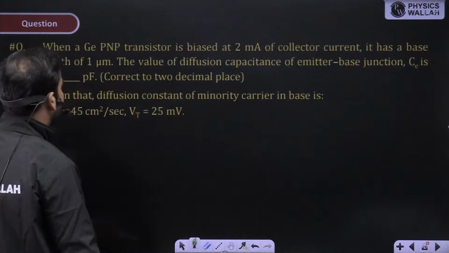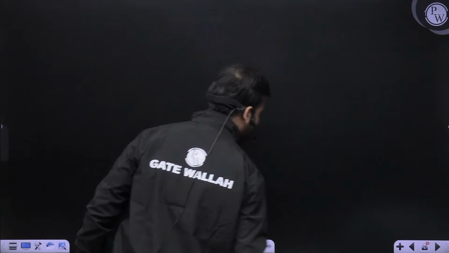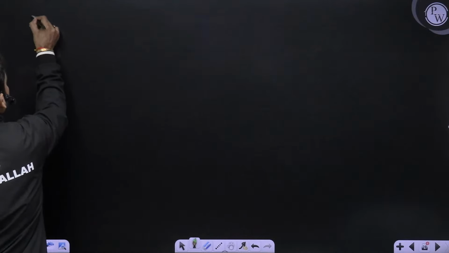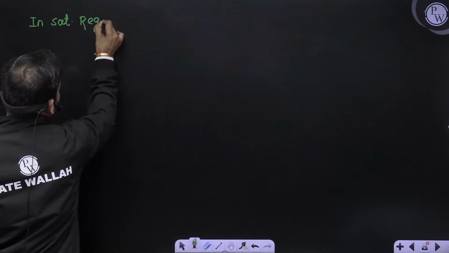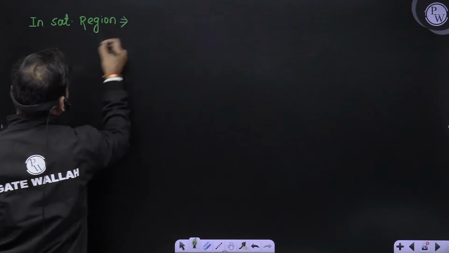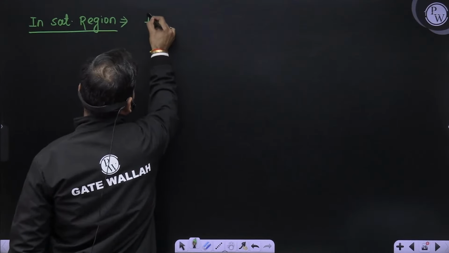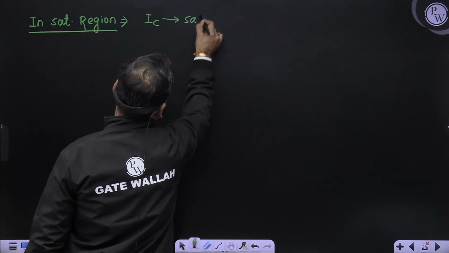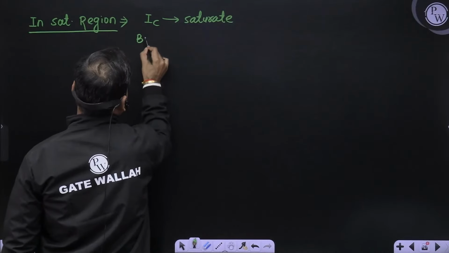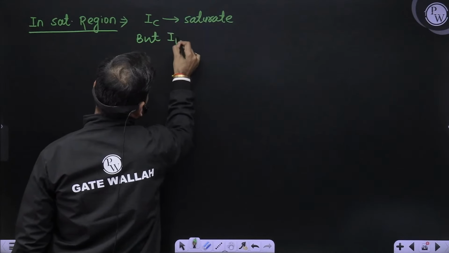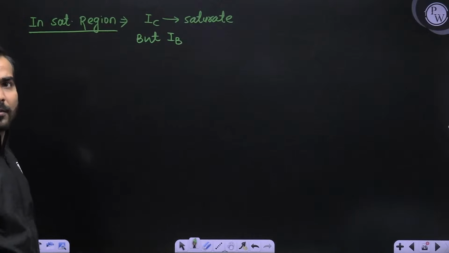So let me write this statement on the next page. In saturation region of BJT, what happens? Collector current IC gets saturated. But, and this is the basic thing that I used to teach you in analog circuits, we start from here only.